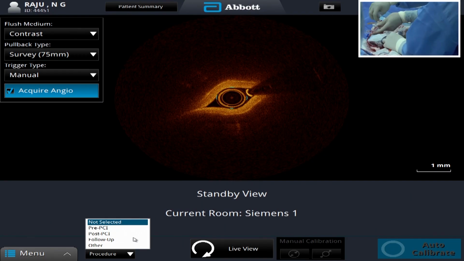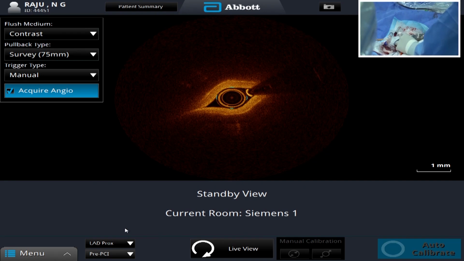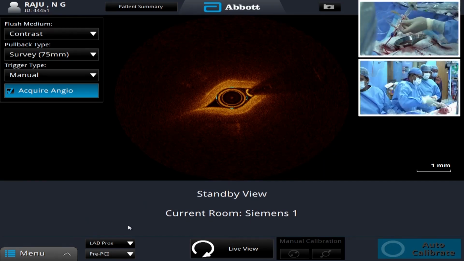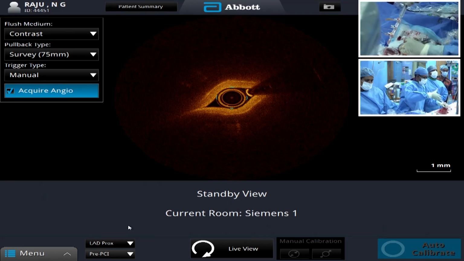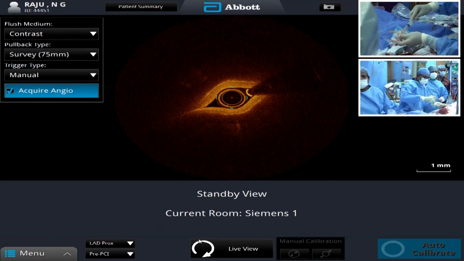Come closer. Yes, that's enough. That's enough. I think we'll image from there only. Vishnu, we don't have to go distally. Just make sure that half of the stent is anyway opened up. Okay. So we'll adjust the guide catheter.